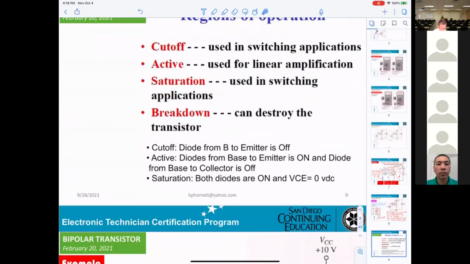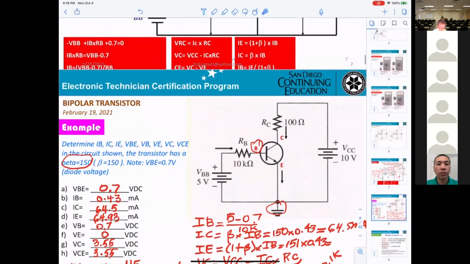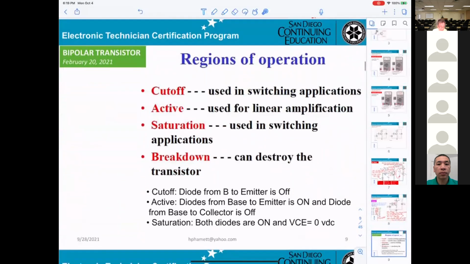And saturation, both diodes will be on. That means if they're working in saturation, this diode and this diode are also on, and the voltage VCE is almost zero. That is what you need to know when they're talking about operation.